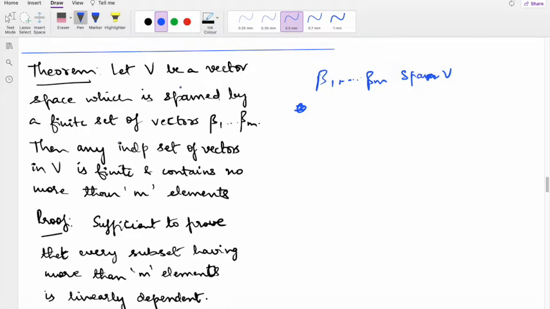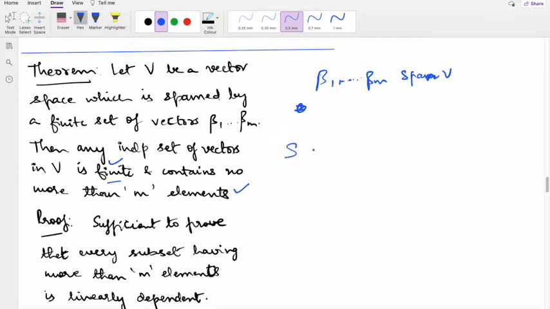So in case we have something like this, what we are saying is that any independent set of vectors in V, so I choose some set of vectors in V which is independent, then that set has to be finite and cannot contain any more than m elements. These are the two conditions I'm stating.